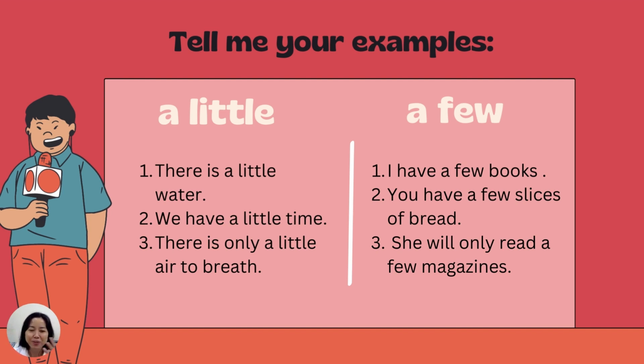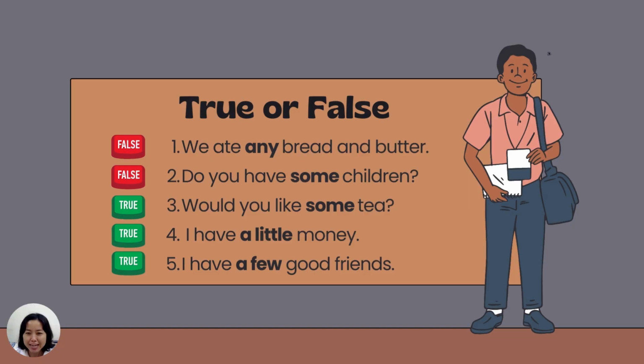All right, so we are at the end of our lesson, but before we end, we want to review again the true or false quiz at the beginning of this lesson. Let's check, is your answer true or false?